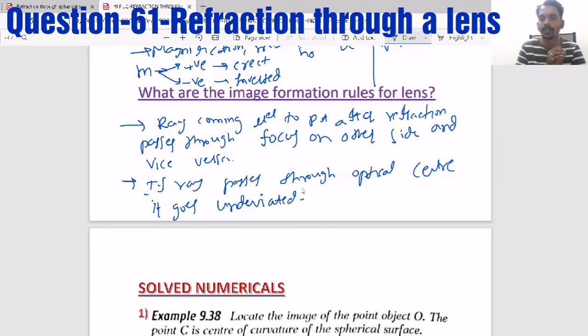So if you remember concave mirror and convex mirror, the same thing you can apply here for concave and convex lens, with a slight difference: for a mirror, real means in front of the mirror, the object side. Here real means the other side of the lens, that is the other side of the object. That is the major difference. So there negative distances are real, here positive distances are real. That is what you need to understand.